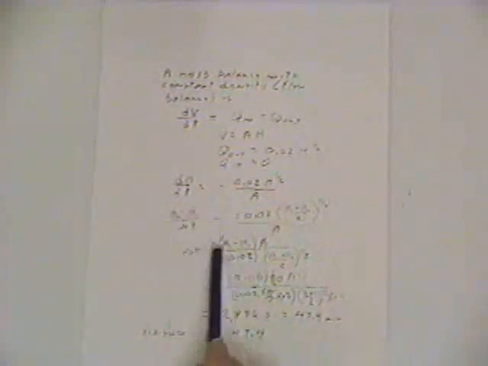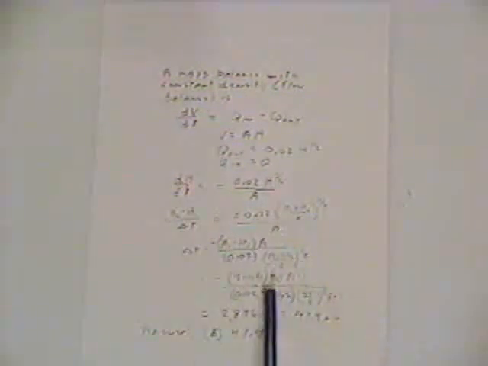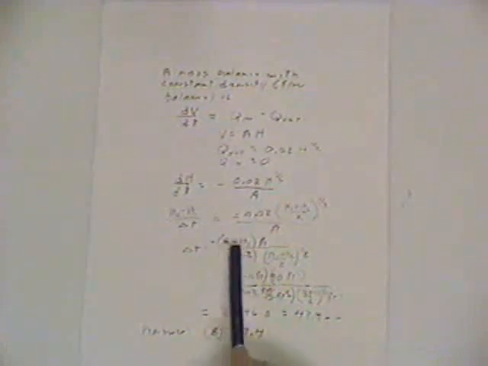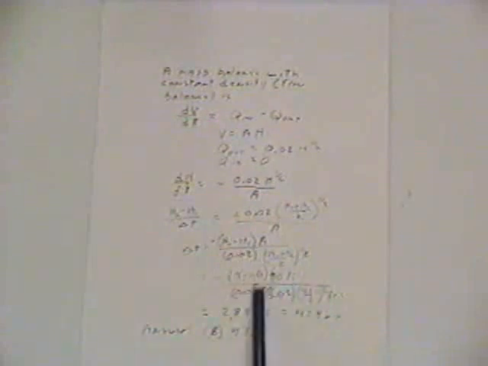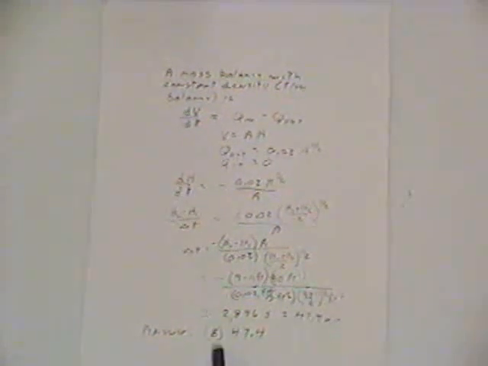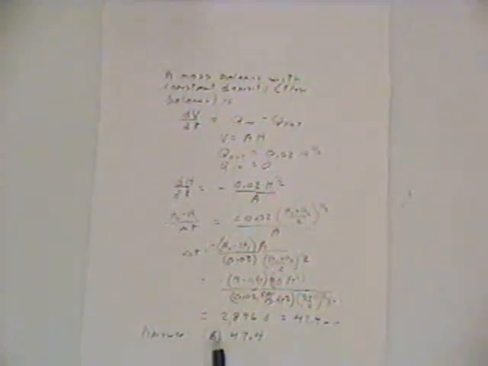We can then simply solve this for delta t by rearranging this result, and because the problem asked how long it would take to go from 11 feet to 9 feet, that specifies the two values of the height. We can plug everything in and come up with an estimate of 47.4 minutes, which was option B in the problem. Right?